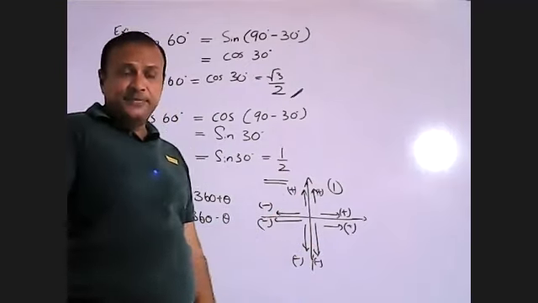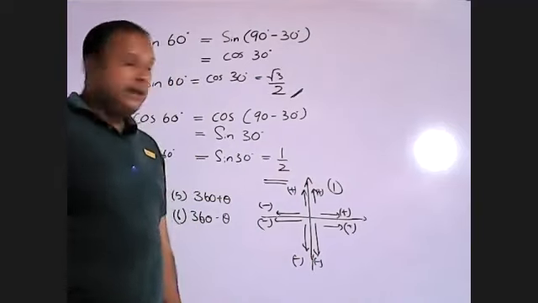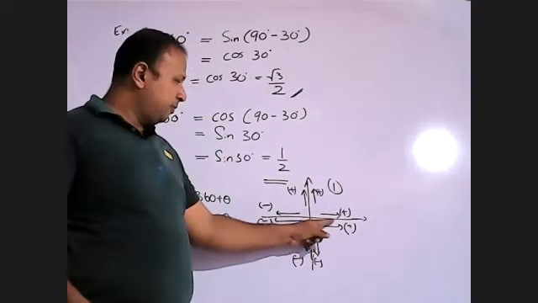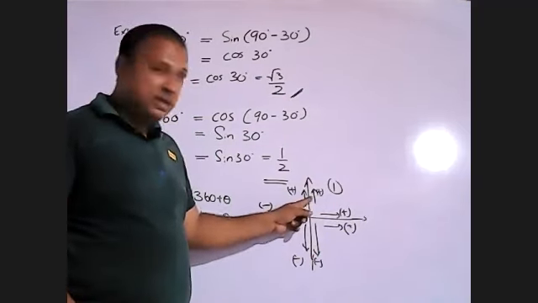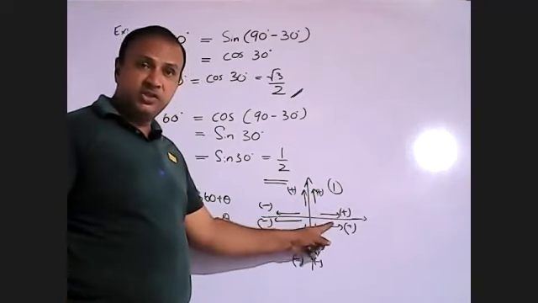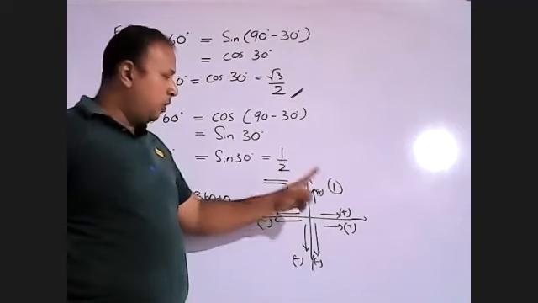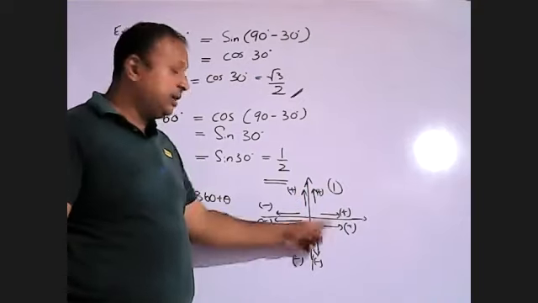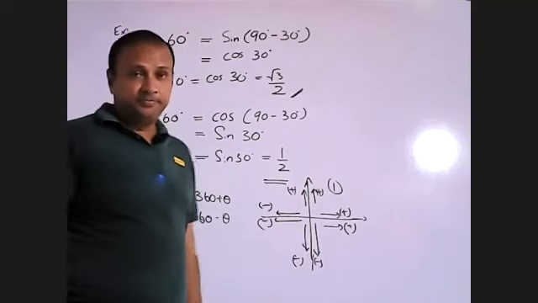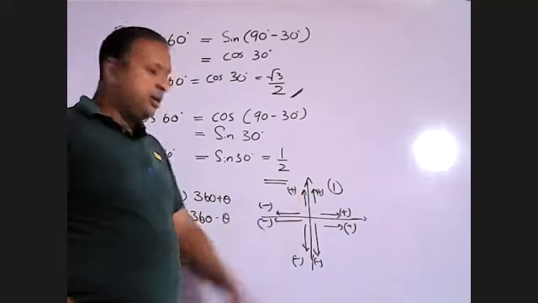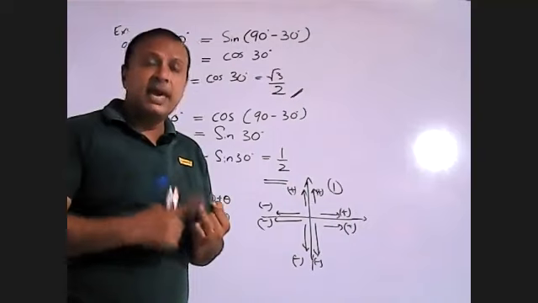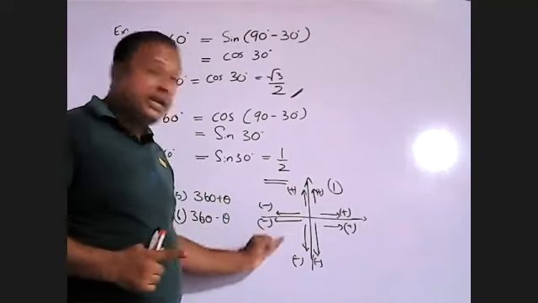Other thing is the magnitude of the angle. From here to here, it is 0 to 90, or 360 to 450, or again 720 to 810. Likewise, from quadrants I can determine the magnitude of angles as well as the sign of the angle.